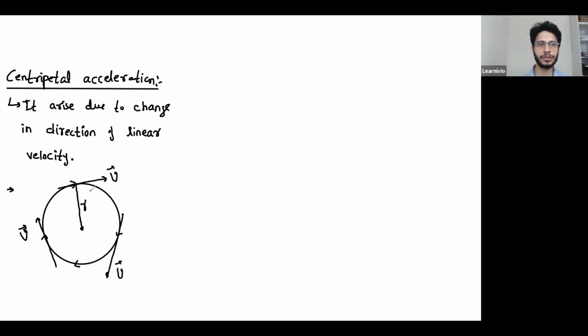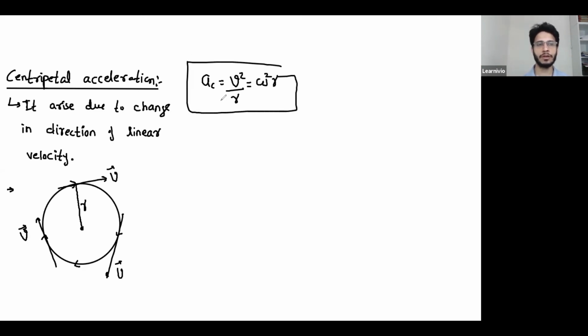So due to change in direction of velocity, centripetal acceleration arises, which is v squared by r, or in terms of omega, you can write this as omega squared r. This is centripetal acceleration. The cause is change in direction of linear velocity. The direction of centripetal acceleration is always towards the center.